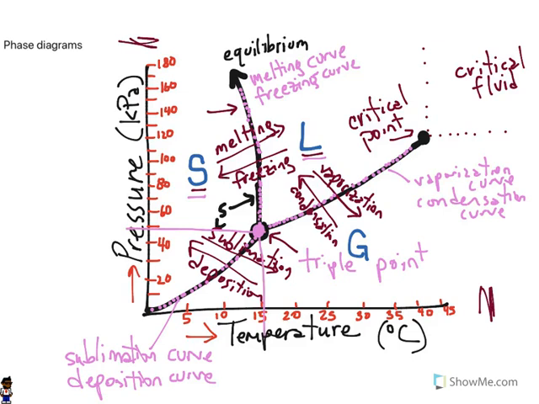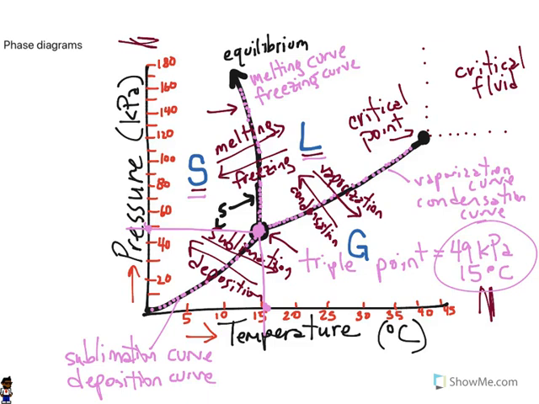So you would look at your graph like this and you would say, okay, it looks like the triple point is about, say, 49 kPa, and we'll say 15 degrees Celsius by looking at your y and x axis. So that would be your triple point of this made up substance.